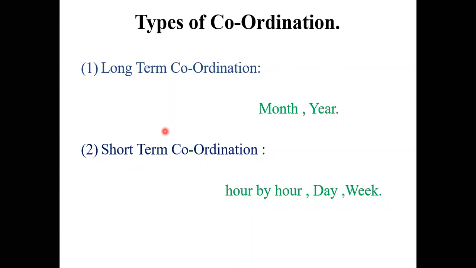But here the most important observation is how to solve long-term and how to solve short-term. Of course, we will consider only short-term, but for the long-term, we will take some optimization techniques. Generally, we use a stochastic dynamic problem in order to solve long-term coordination. For short-term coordination, there are 3 to 4 algorithms.